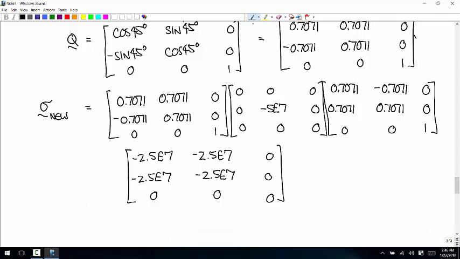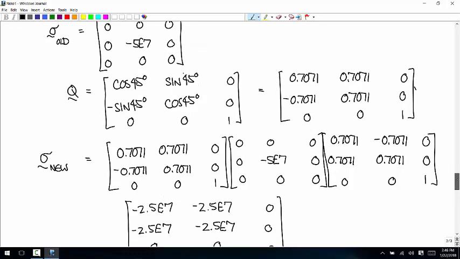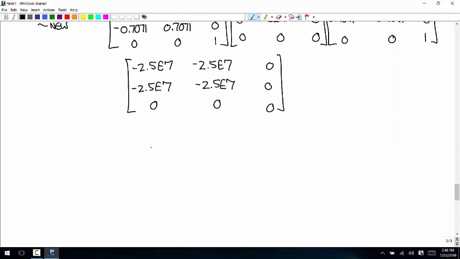Coordinate system, we got a stress tensor with no shear stresses, only one normal stress, right? Like in our new stress cube, it really would be rotated, but that's hard to draw.